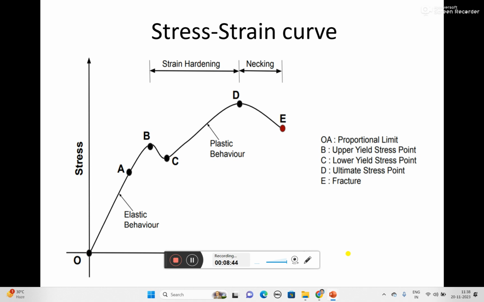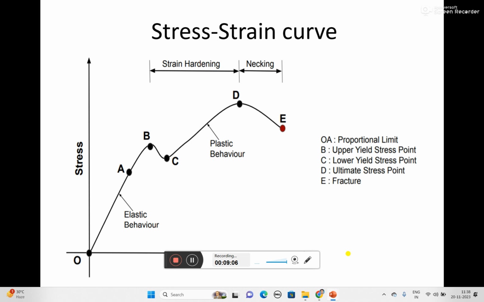After that, we already mentioned point B. Beyond the point B, the ductile material starts to undergo permanent deformation. Then it loses the elasticity nature, behaves like plastic, and attains the plasticity property.